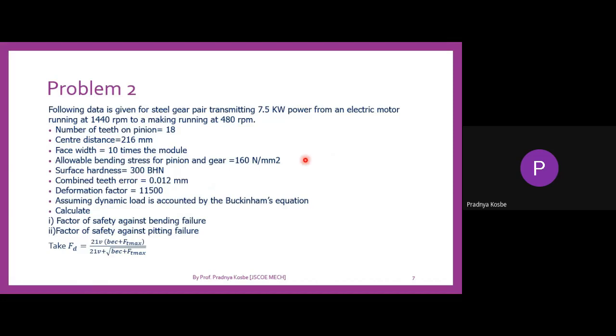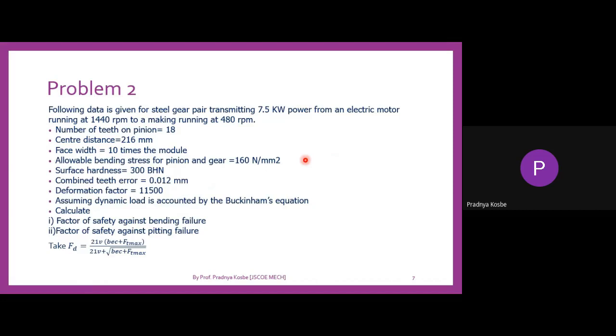Remember that if that bending stress is not given, then you have to calculate based on ultimate tensile strength, correct? That Sut divided by 3. Sigma bp is equal to Sut of pinion divided by 3, and sigma bg, that is bending stress in a gear, is equal to Sutg, that is ultimate tensile strength of a gear, divided by 3. But here already allowable bending stress for a pinion and gear is 160 Newton per mm square.